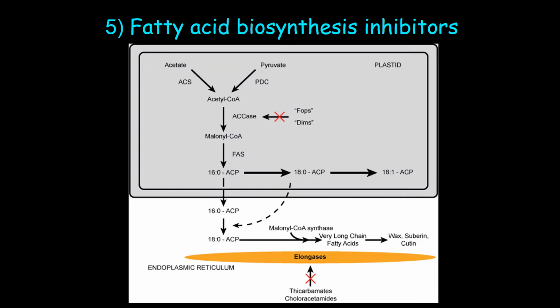This is important, the term that always occurs, ACCase. I really love this ACCase. One of my friends is working on it. This enzyme catalyzes the first step in fatty acid synthesis.